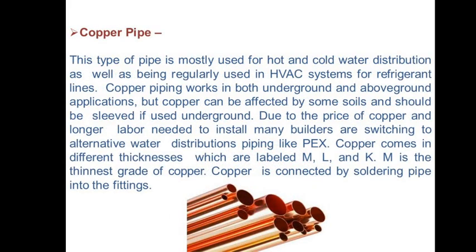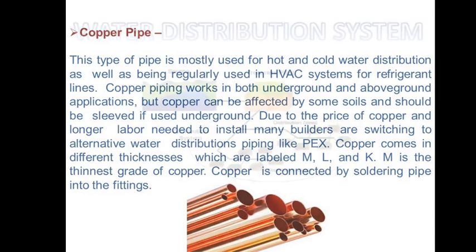This type of pipe is mostly used for hot and cold water distribution, as well as regularly used in HVAC systems for refrigerant lines. Copper piping works in both underground and above ground applications, but copper can be affected by some soil and should be sleeved if used underground. These are examples of copper pipes.